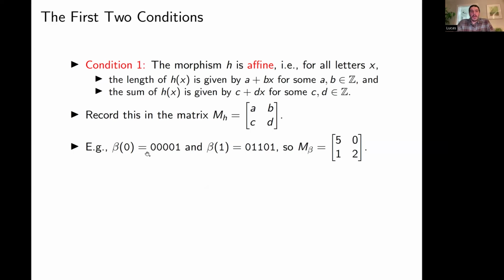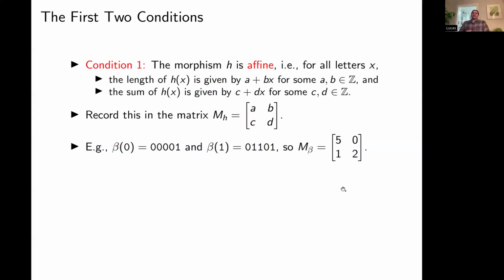And the sum of each of these images is 1 plus 2 times the letter, right? 1 plus 2 times 0 gives us 1, and 1 plus 2 times 1 gives us 3.